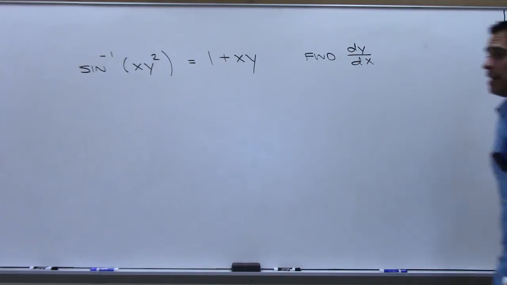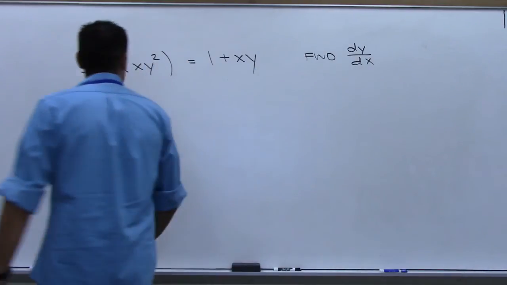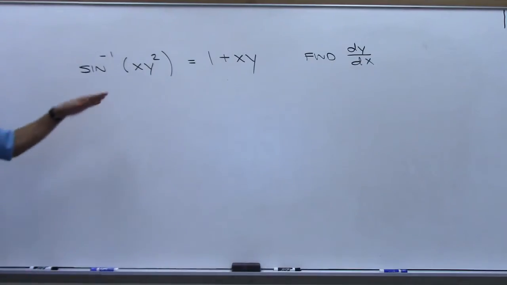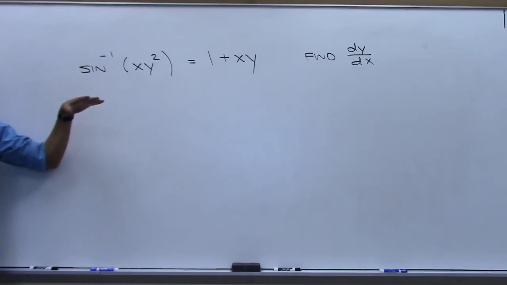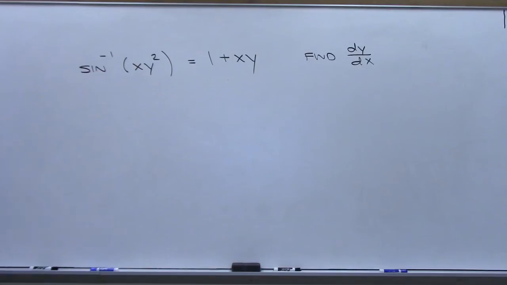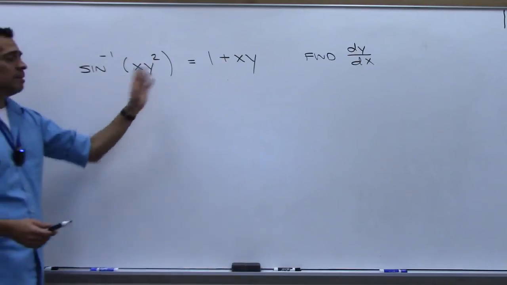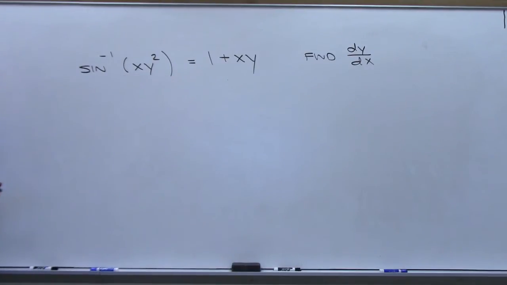So can we find the slope of the tangent line, some way of representing that if we have this equation? So anyone recognize what we're going to have to do here? Implicit, right? I mean, there's no way around that. You're not going to be able to solve for y. And so let's go after it.